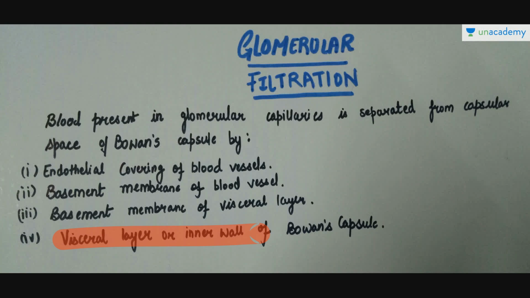For example, glucose, which is required by our body, is also a part of the filtrate, so it needs to be reabsorbed. If it is not getting reabsorbed, it shows that there is some problem in the normal functioning of the body.